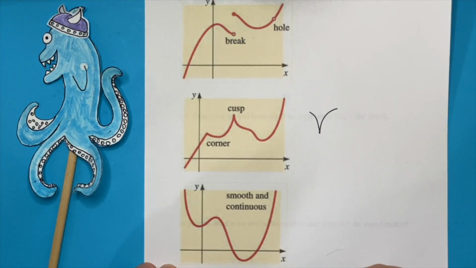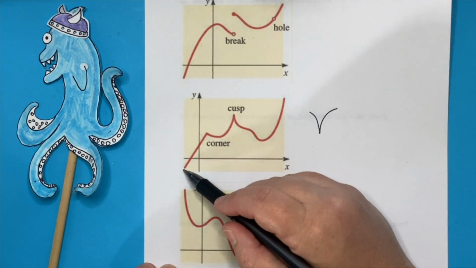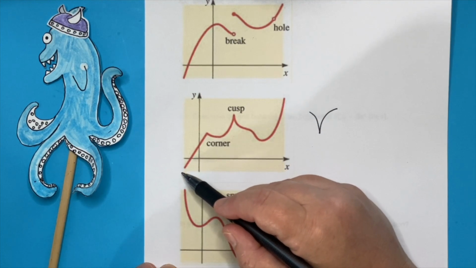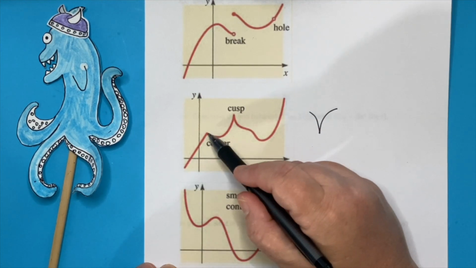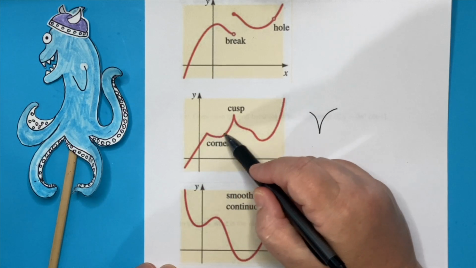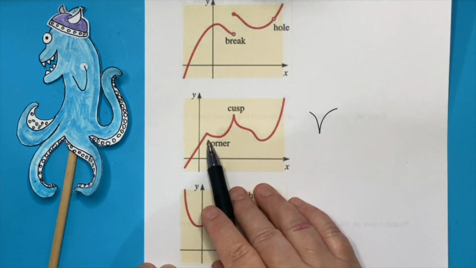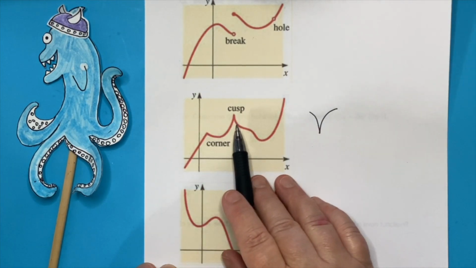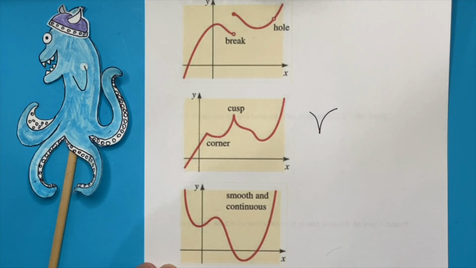That could also be a cusp. A corner is going to be something where the graph is coming up and then suddenly it changes. Now, again, this corner and this cusp look really close. So I'm just going to say they're very similar. And when you get back up to calculus, we'll talk about it a little bit more.